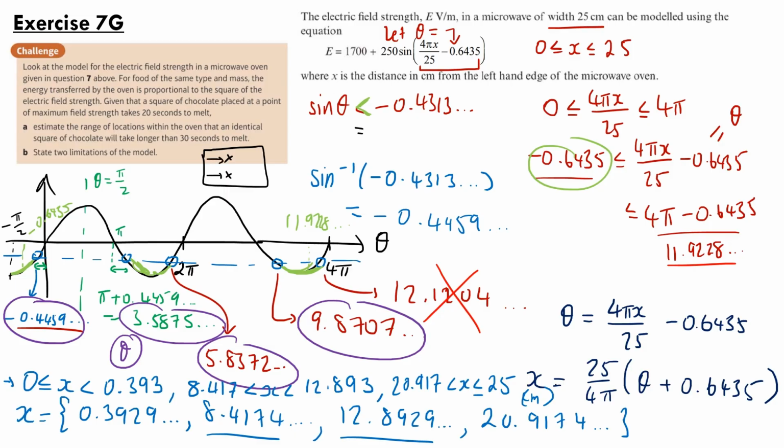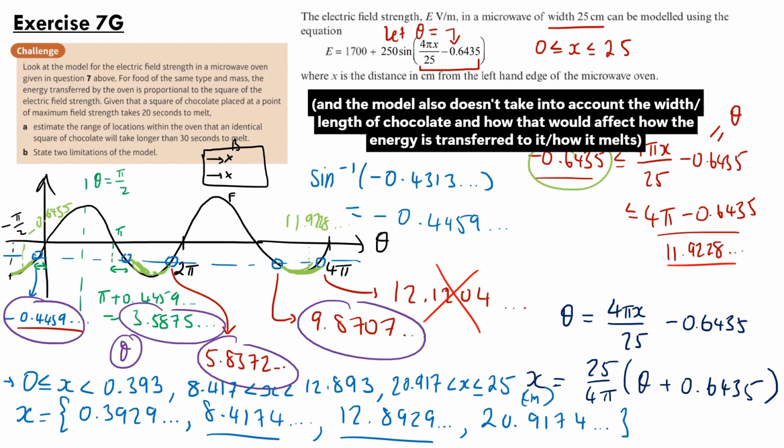But the model assumes that even though there are different positions in the microwave from front to back, they have the same electric field or the same energy transferred by electric field strength. And also the microwave oven might not work exactly the same way every time it is used. So maybe there's fluctuations in power, etc.